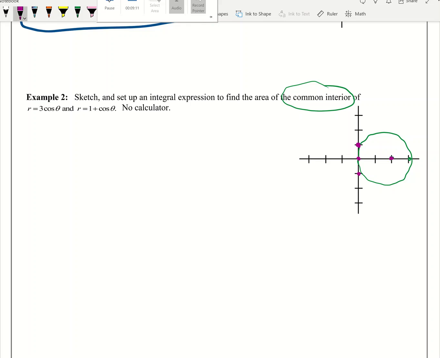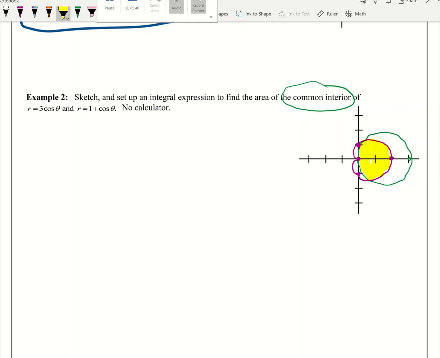Remember, cardioids always go to the origin. Try again. Something like that. Now notice cardioids also always dip into the other side of the y-axis here for these cosine cardioids. The common region would be the region that's inside both the circle and the cardioid.